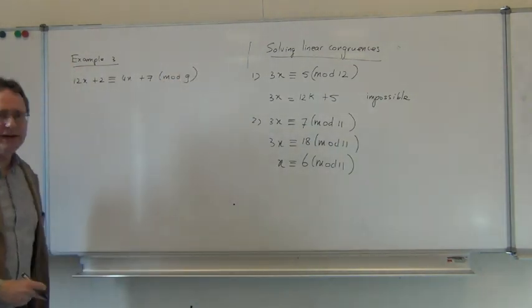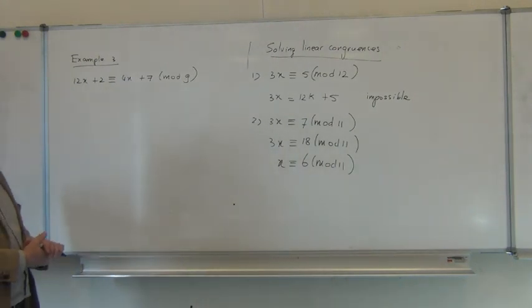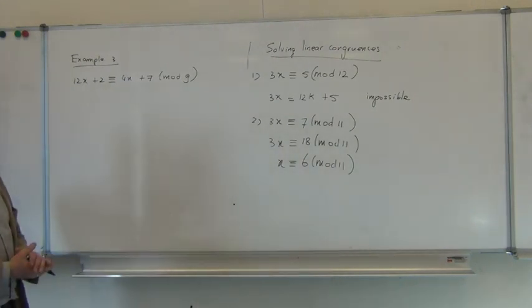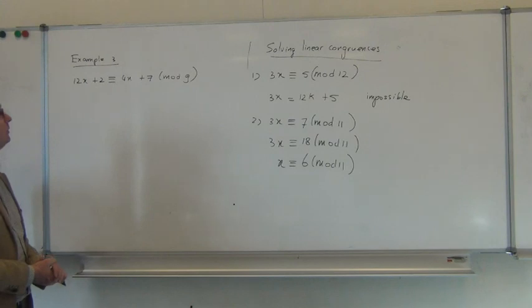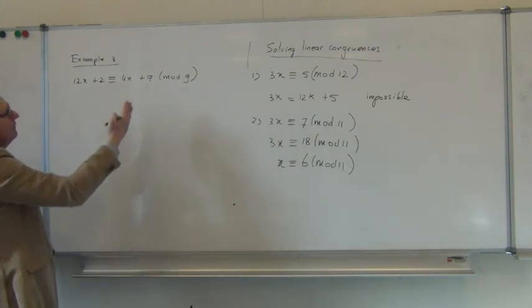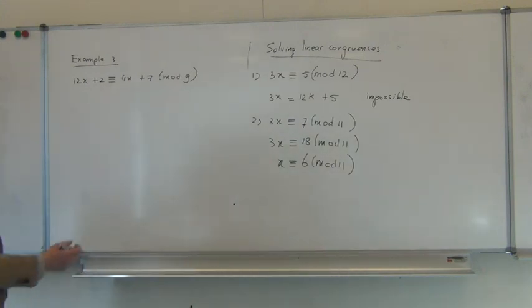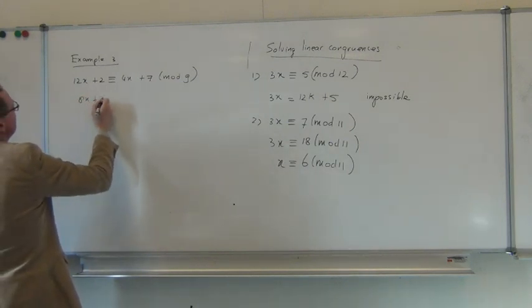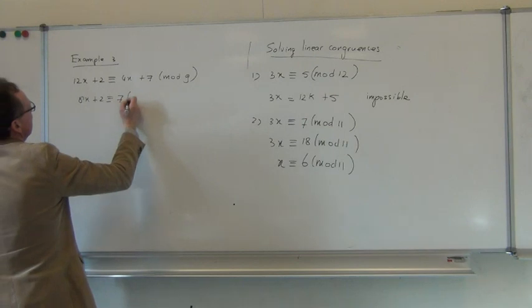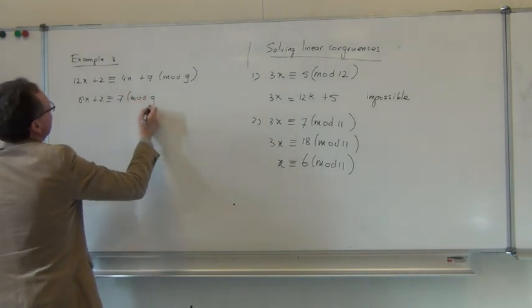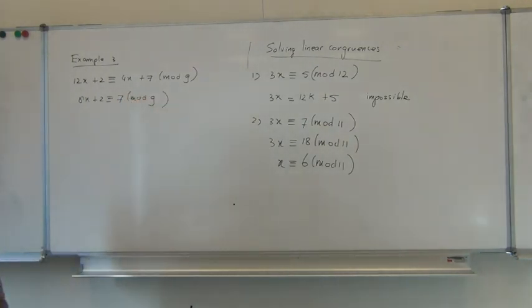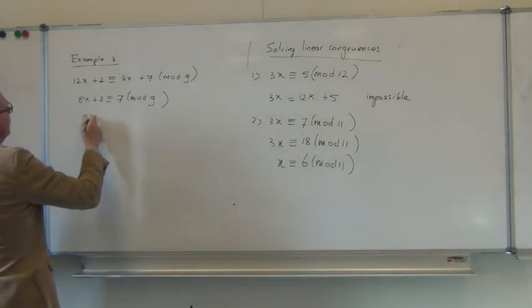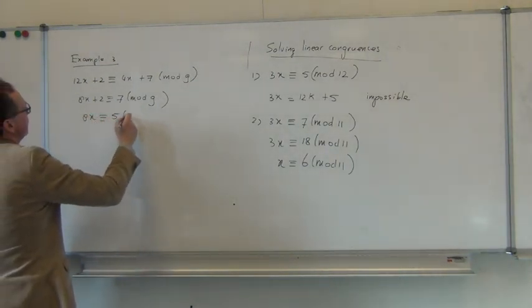We try to find x congruent to how much, so we try to solve this linear congruence. First of all, notice that you can just subtract 4x on both sides. That's no problem. Then we end up with 8x plus 2 congruent 7 modulo 9. You can subtract 2, so we have 8x congruent 5 modulo 9.